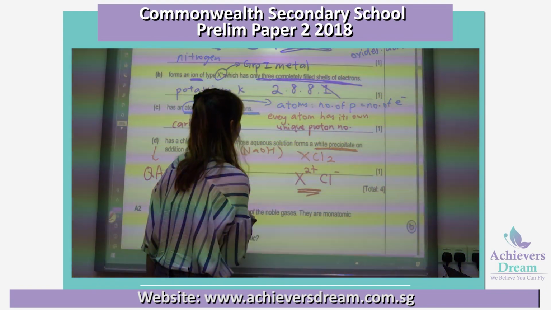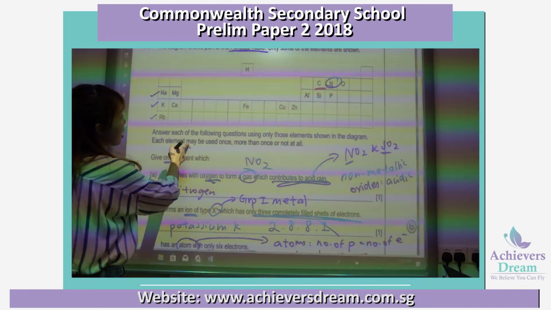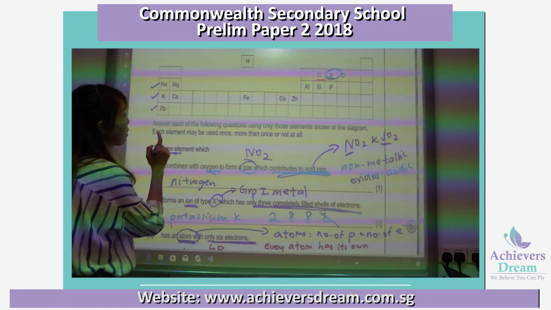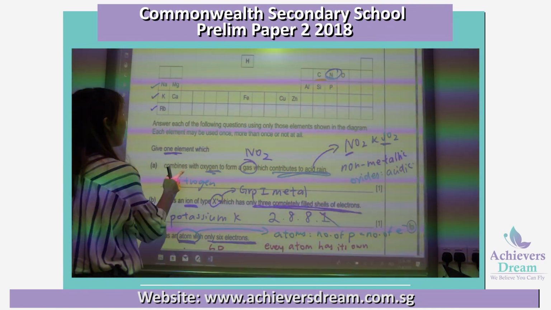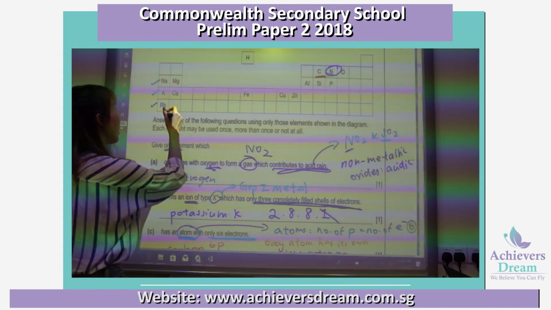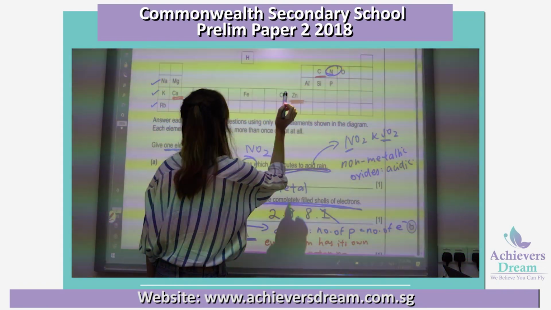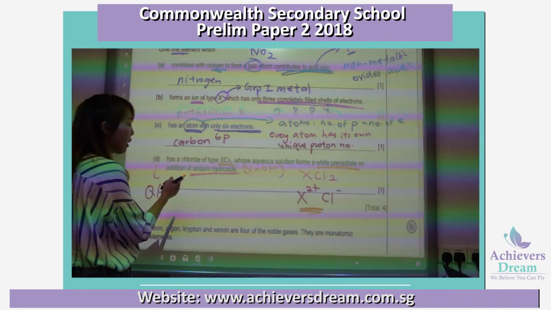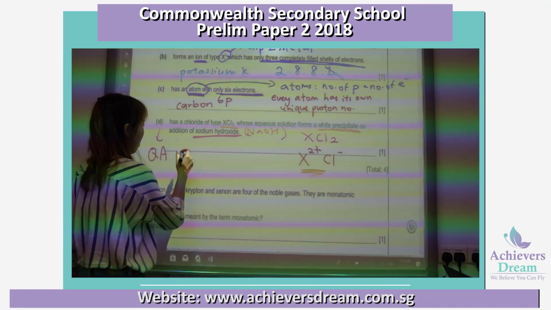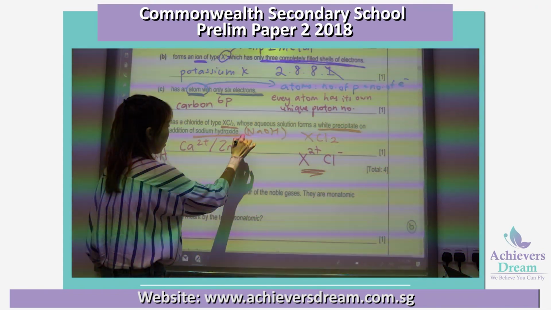From the elements provided, which elements will give a charge of 2+ and also form a white precipitate with NaOH? If you look at your QA table, you realize that it's either calcium or zinc. Both have a charge of 2+ and they will form a white precipitate upon addition of NaOH. So my answer can either be calcium or zinc.